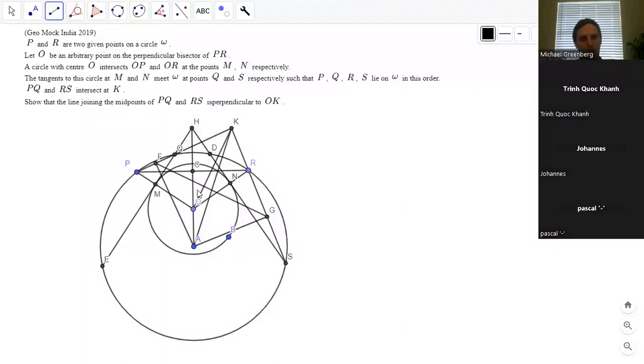So what I was thinking is we could find the angle that AK makes with FG, and then we could find the angle that OK makes with AK. And then combining those two, we get the angle that OK makes with FG. So if we could show that's 90 degrees, that would solve the problem.